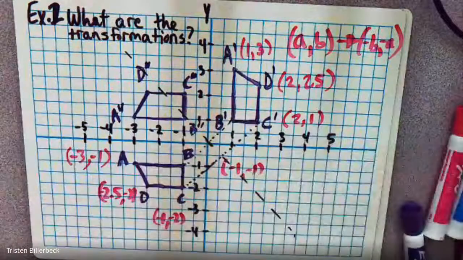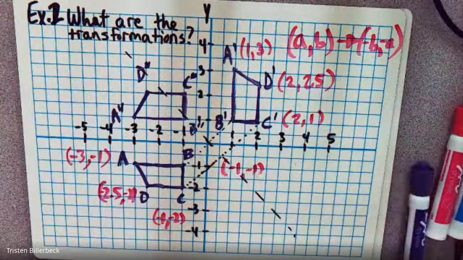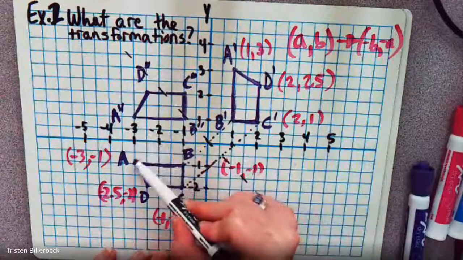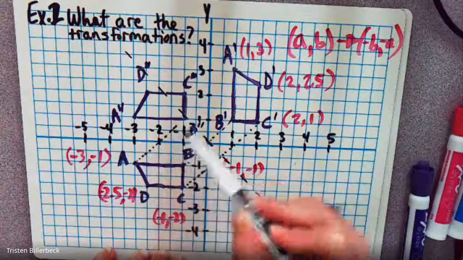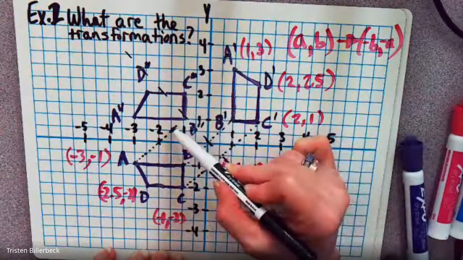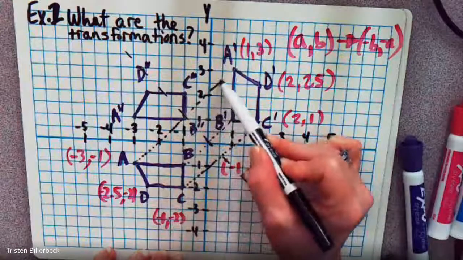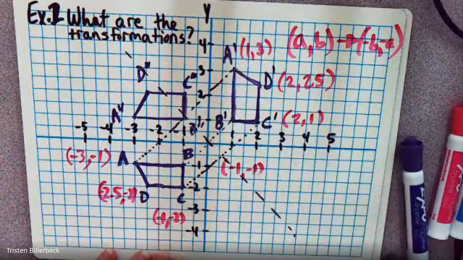This was a tough one, figuring out what was going on. So if we draw a perpendicular line to that axis of reflection, what are we going to find here? Oh, what do you guys think?